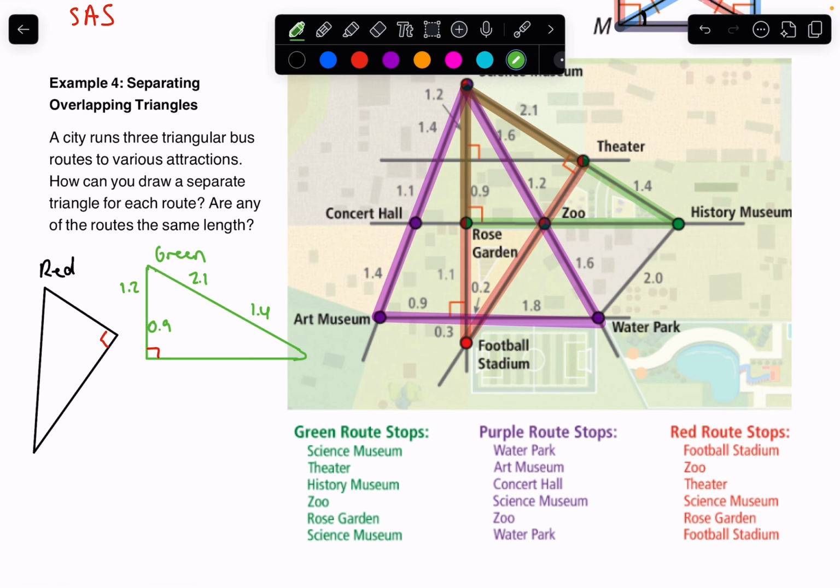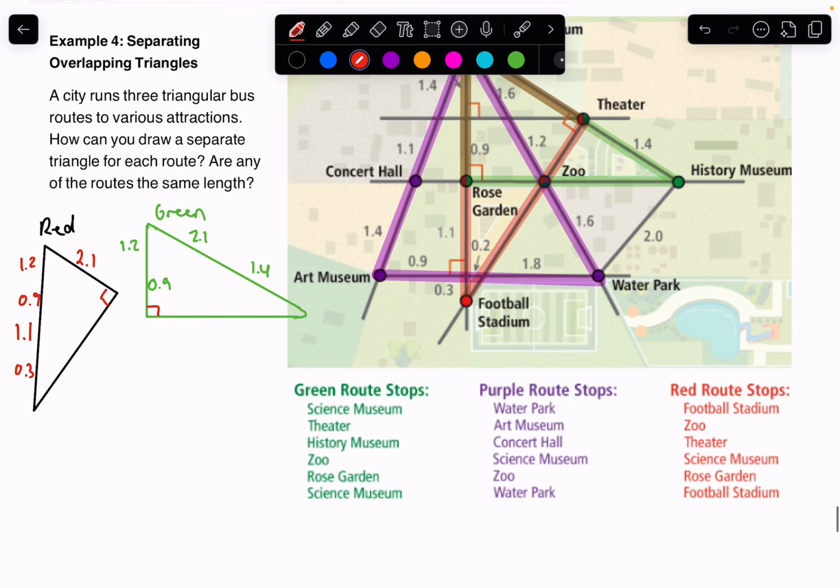And then for my red route, I have a 2.1 and I have a 1.2, 0.9, 1.1, and 0.3.